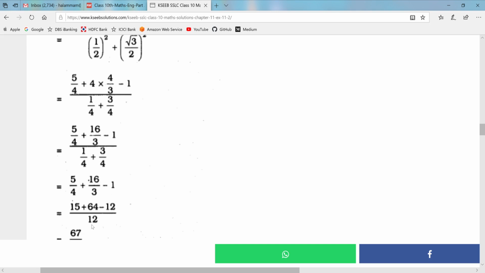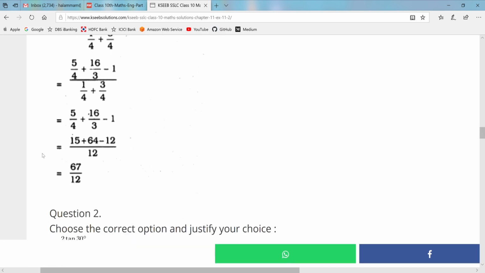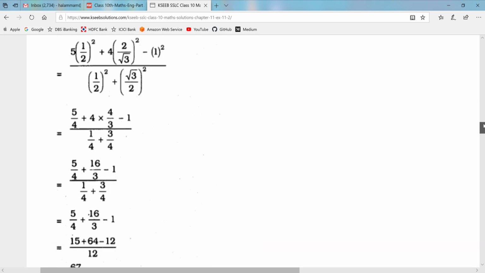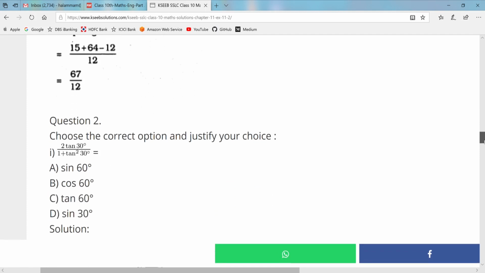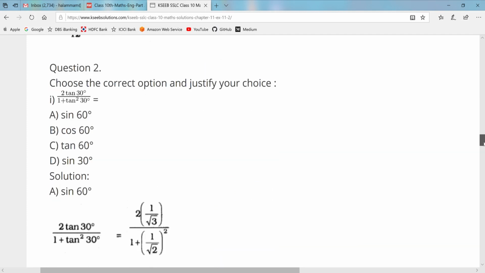Like this we can simplify, and the next step is 15 plus 64 minus 12 is 67 divided by 12. So just apply those values in the question and simplify those questions. Okay, understood? Okay, go for the next question.